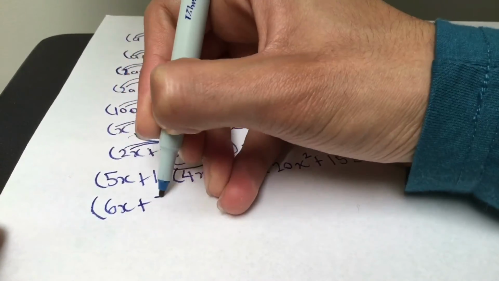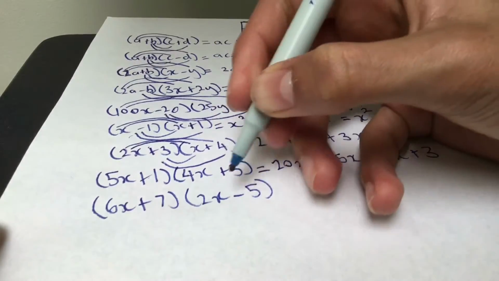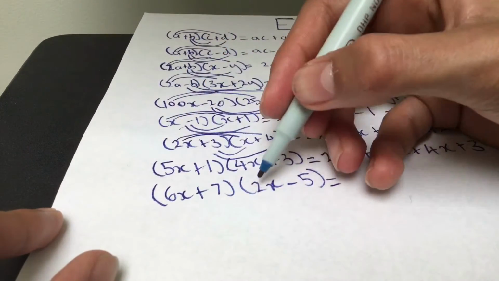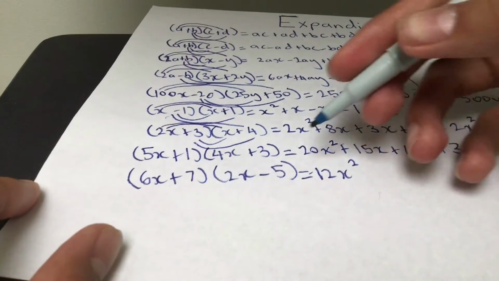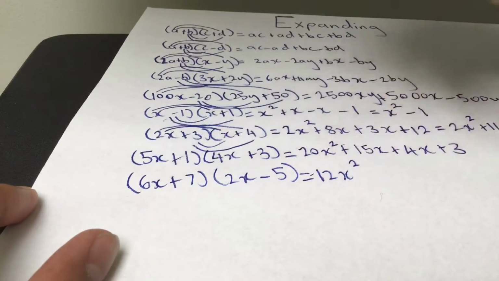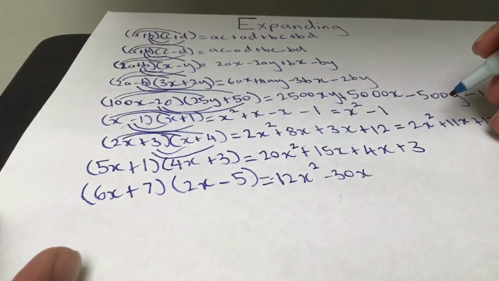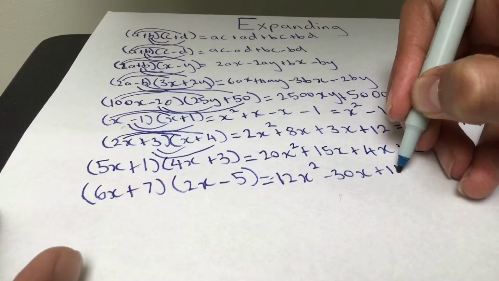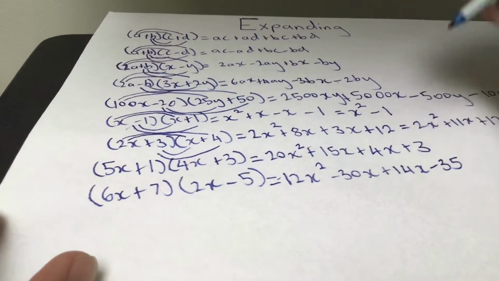(6x + 7)(2x - 5). Okay, 6x times 2x is 12x squared, and then now we do 6x times minus 5, minus 30x, 7 times 2x, positive 14x, 7 times minus 5, minus 35.